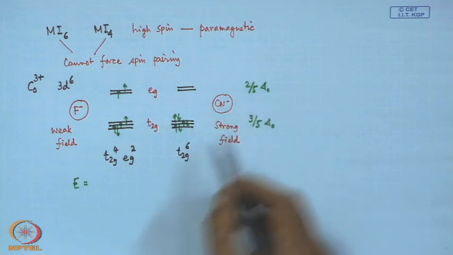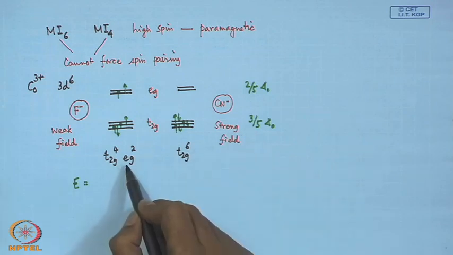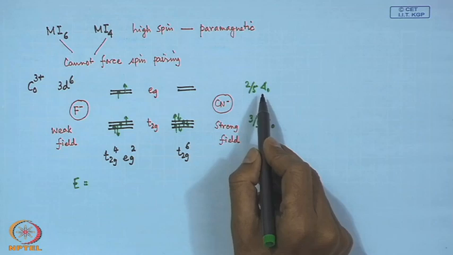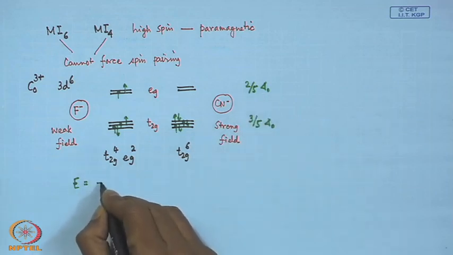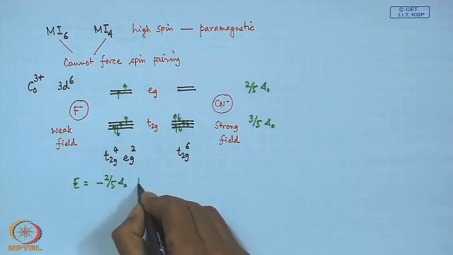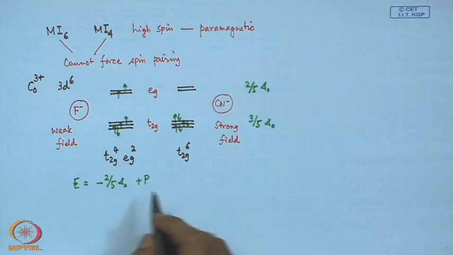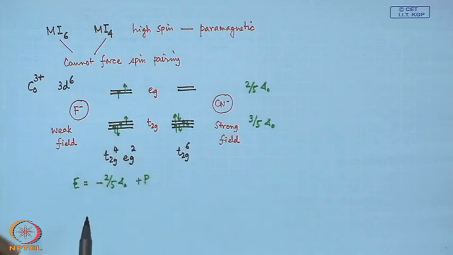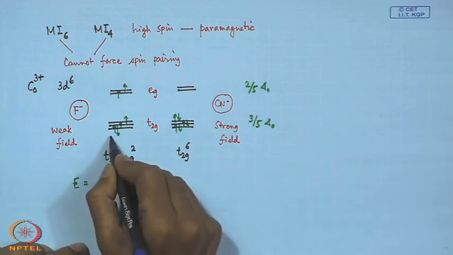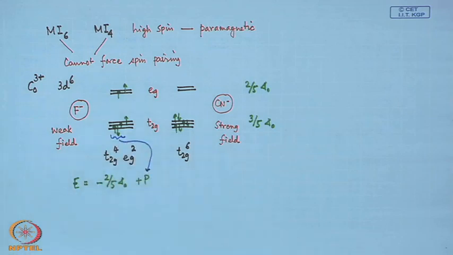If we add up these two, per electron occupancy in the t2g level has a stabilization of minus 3/5 delta O, and per electron occupancy in the eg level is plus 2/5 delta O. We get this value as minus 2/5 delta O plus P, where P is the corresponding pairing energy.